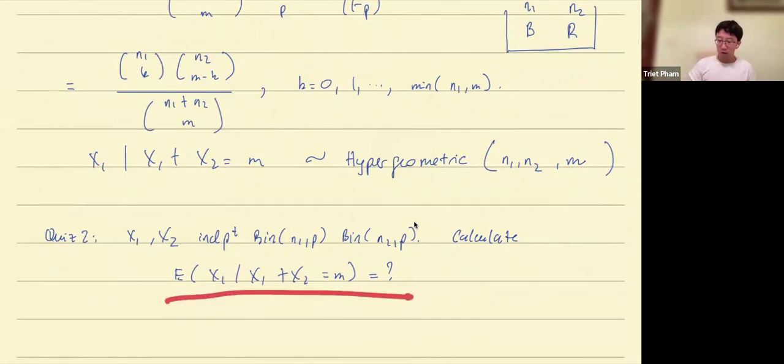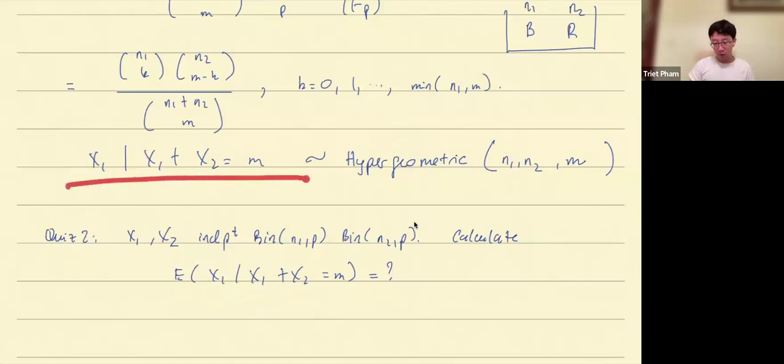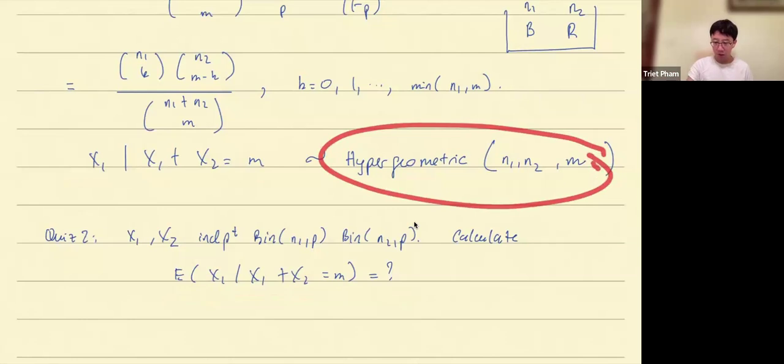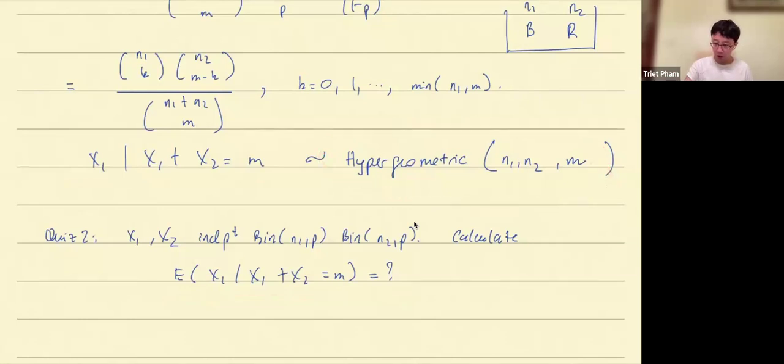The answer is, because we have worked out that this is a hypergeometric so and so, whatever we know about the expectation of a hypergeometric, which is m times n1 over n1 plus n2. Are we okay? Any question?